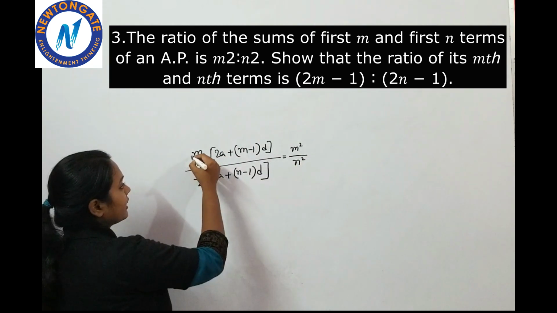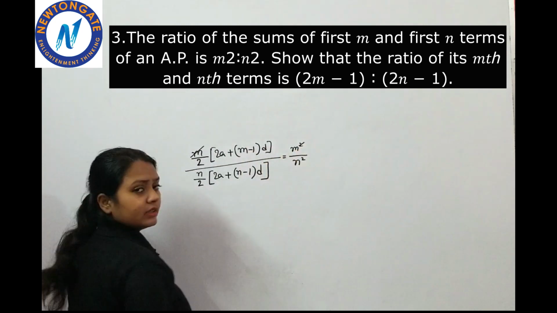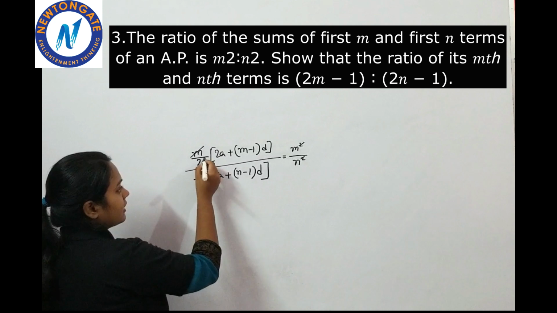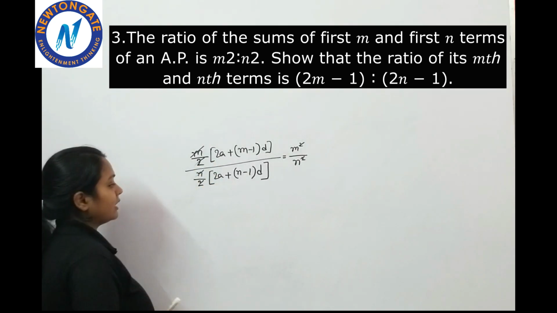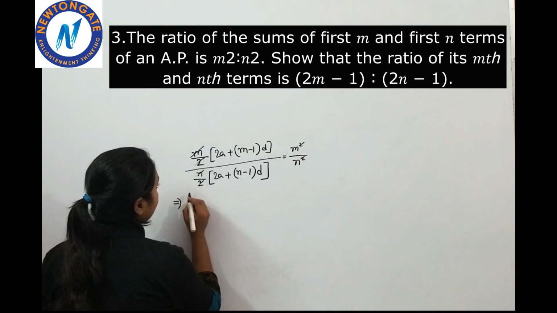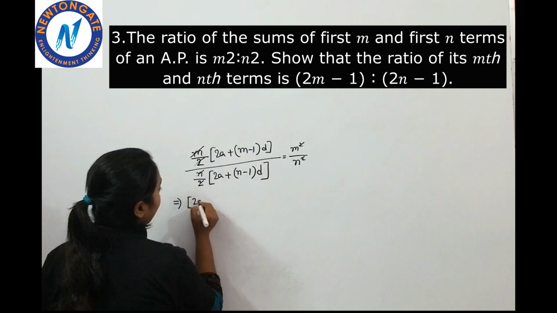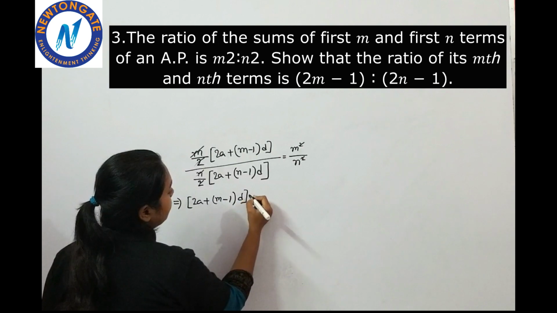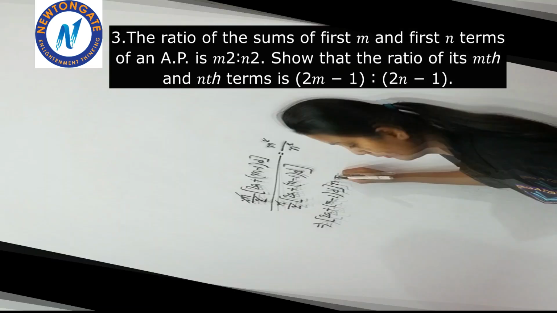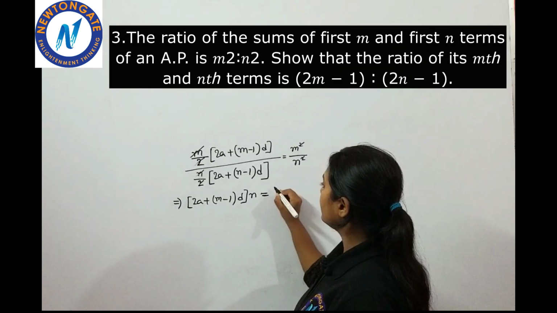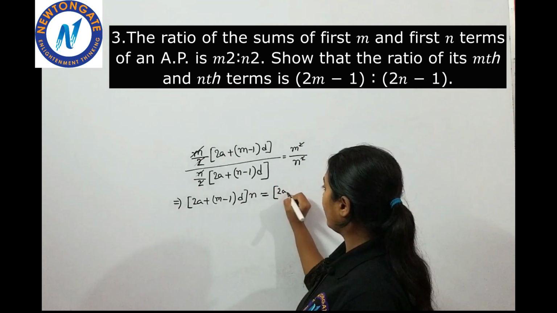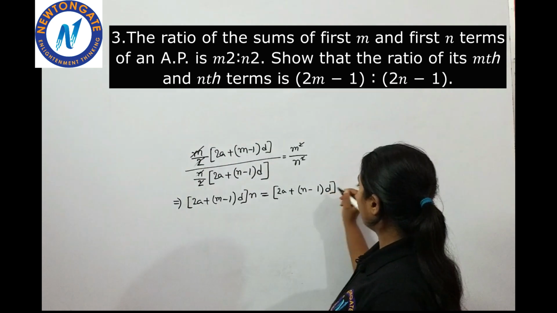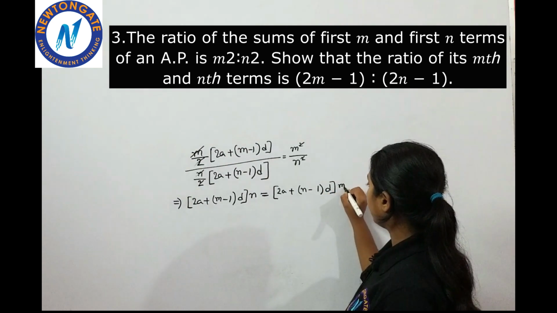Now here we cancel out m by n and m square by n square and cancel out 2 and 2. After that we get 2a plus m minus 1 into d multiplied by n equals to 2a plus n minus 1 into d multiplied by m.